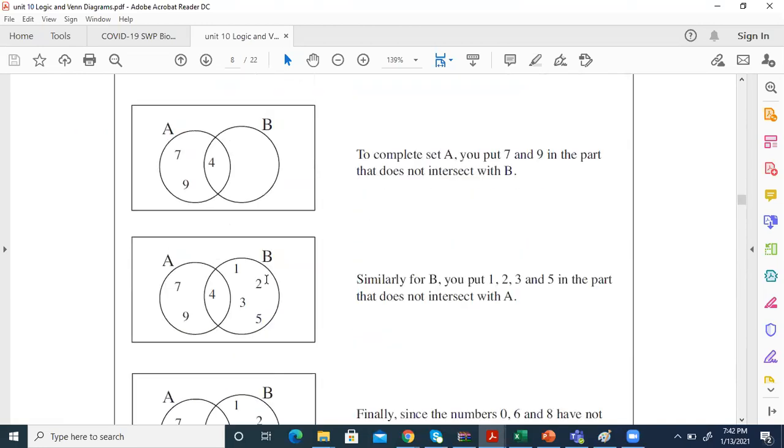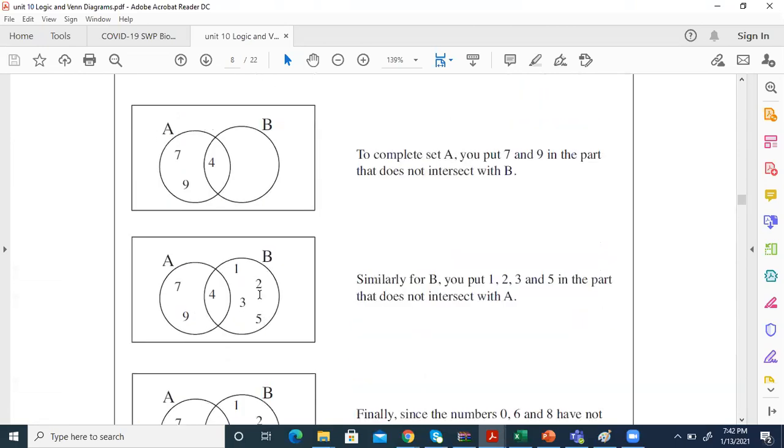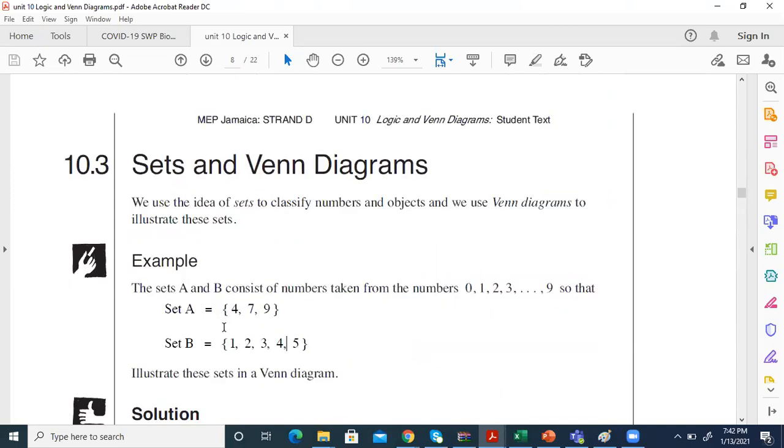And then, of course, you have some members that are outside of set A and set B. When you look here, you have 1, 2, 3, 4, 5, 7, 9 that are in set A and set B. But you also have 0, which is not among these two sets, 6, not among them, and 8, not among them.